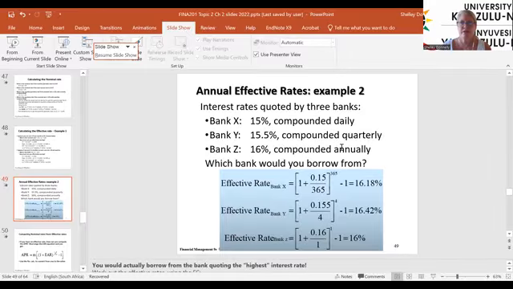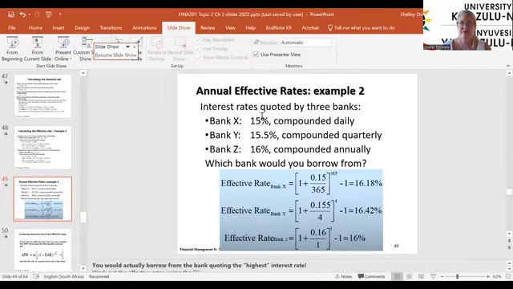Okay, here's another example. We've got interest rates quoted by 3 banks. Bank X is quoting you 15% compounded daily. Bank Y, 15.5% compounded quarterly. Bank Z, 16% compounded annually.